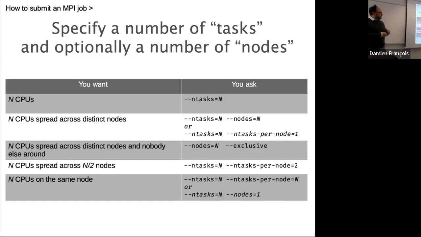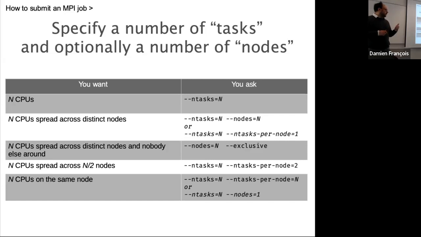So in that case, you add --exclusive to your submission script, and Slurm will only allocate the nodes to your jobs. It's a way to make sure that there's nobody around when you run on a node, but it also will most of the time block more resources than you actually need.